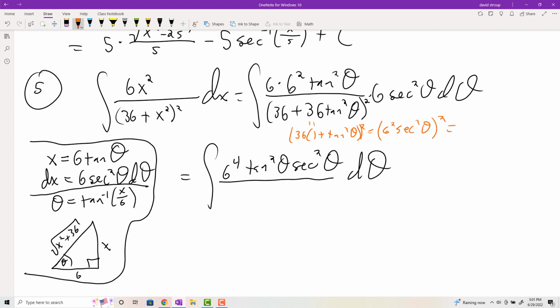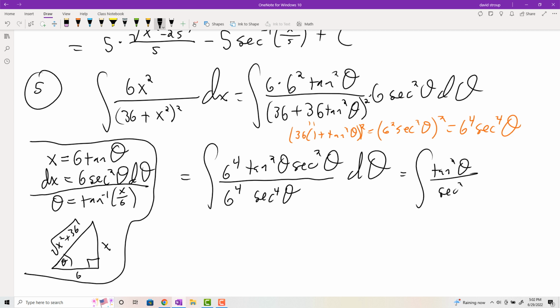So 6 squared squared is 6 to the 4th, and then secant squared squared is secant to the 4th. And so you see, that'll work out nice. 6 to the 4th over 6 to the 4th, those will cancel. Then you have secant to the 4th theta. So I'll end up with tan squared theta all over secant squared theta d theta.